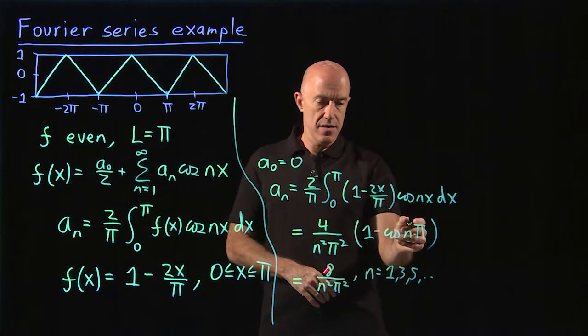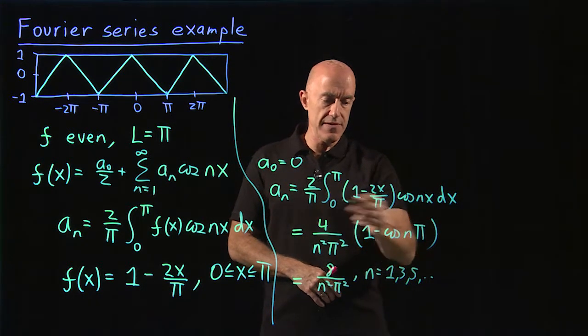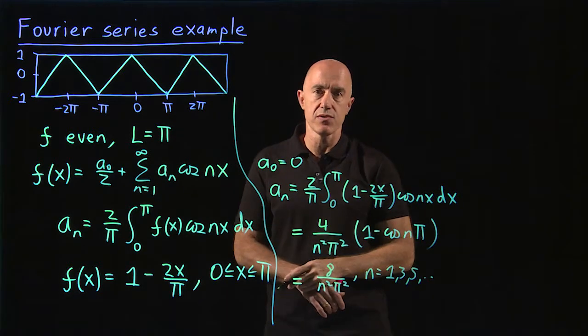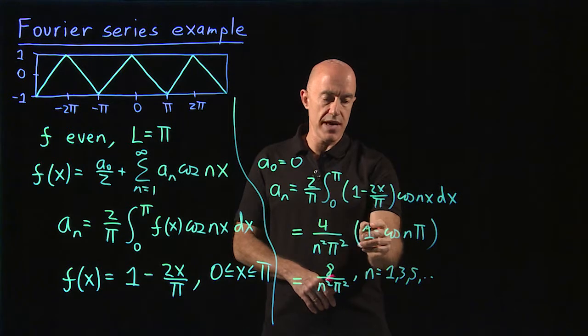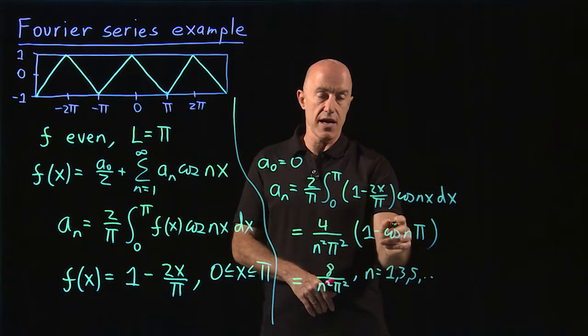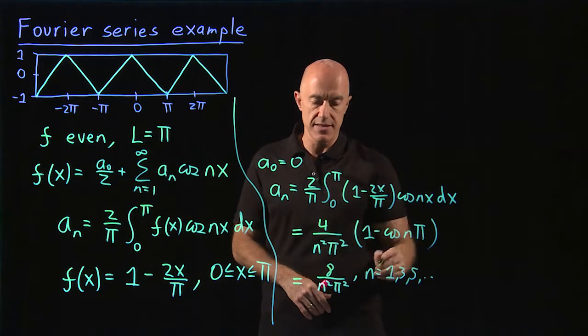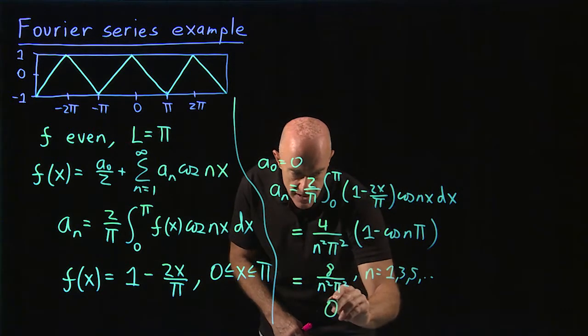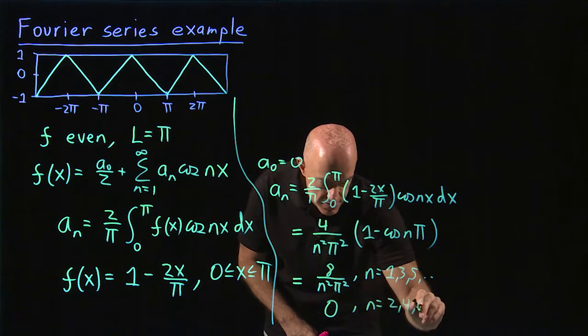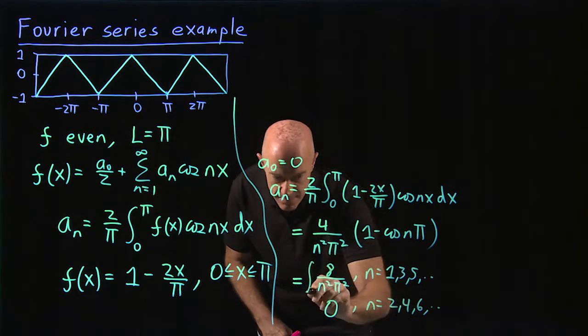If n was even, cosine 2 pi is equal to 1, and we would get 1 minus 1, we would get 0. Similarly, cosine 4 pi is 1 and cosine 6 pi, so we would get 0 if n is equal to 2, 4, 6, etc.